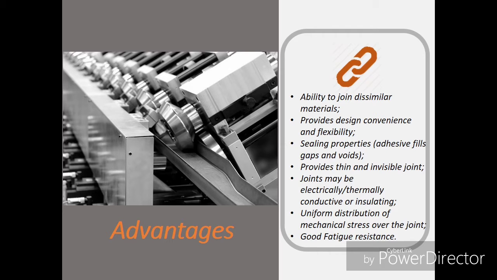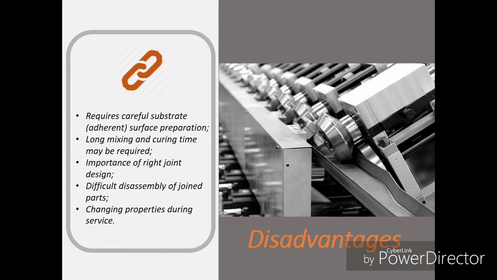But all the things have its pros and cons. So this is the disadvantages of the adhesive bonding. It requires careful substrate surface preparation, and a long mixing and curing time may be required to make the surface bonded.